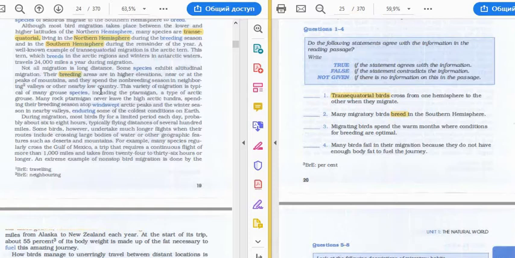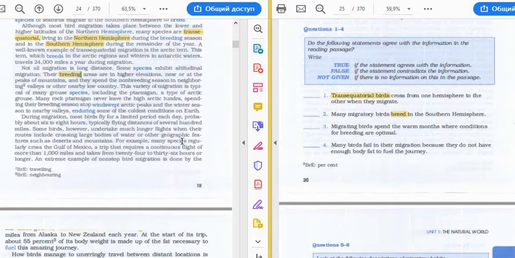The breeding areas are in high elevations near or at the peaks of mountains, and they spend the non-breeding season in neighboring valleys or other nearby low country. So it doesn't say that all birds go for breeding in the southern hemisphere. It says that some of them migrate, some do not.